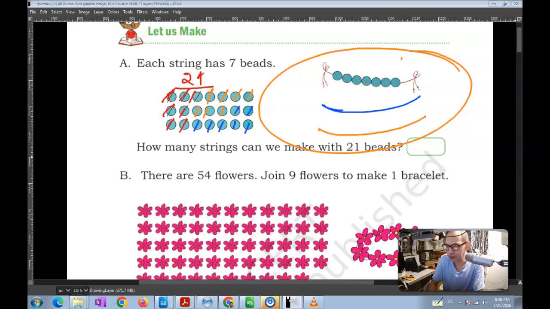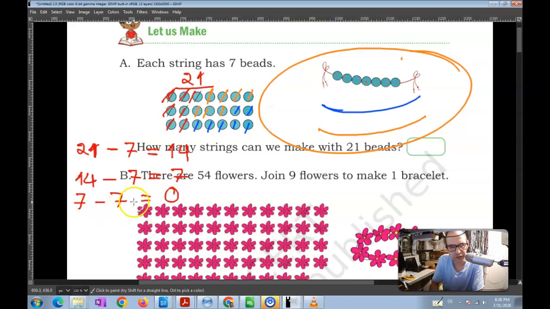So what I did here was that I had 21 beads, and I took away 7 of them for the first string, and I was left with 21 minus 7, which is 14, right? From the 14, I take away 7 of them for the second string, and I'm left with 7. And from the 7, I take away 7 for the third string, and I'm left with 0.